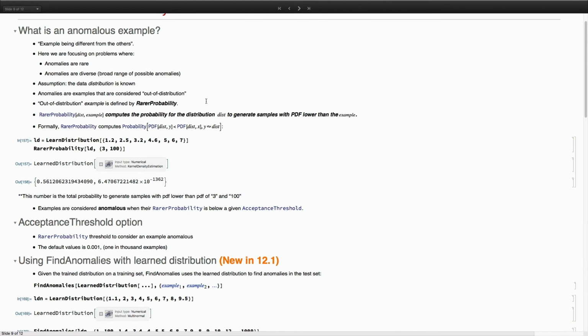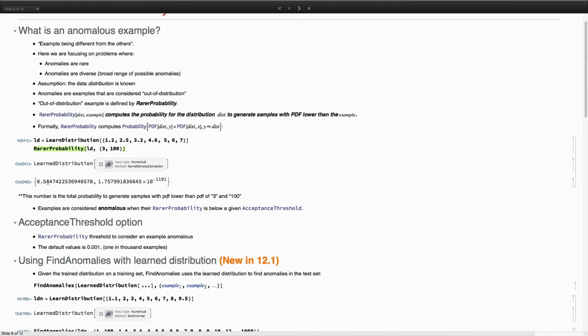with a function called rarer probabilities, which computes the total probability for the distribution to generate samples with PDF lower than the example that you're querying. For example, if I have a learned distribution here and I ask for the rarer probability of 3 and 100, for 3 you would say it is not very rare.